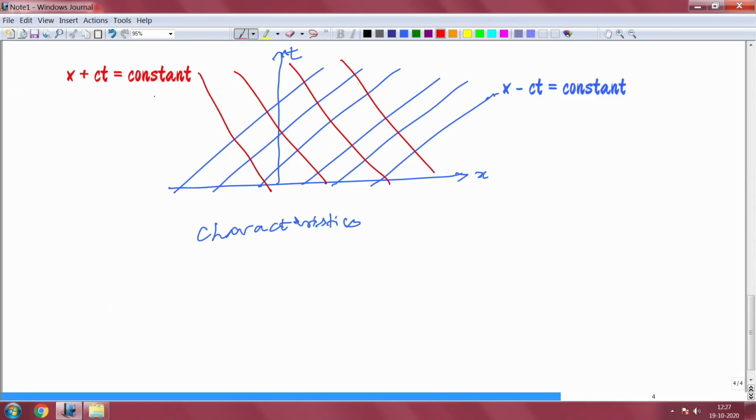The blue ones have slope, remember we are drawing the x axis horizontal and t vertical, so the slope is 1 by c, and the red one's slope is minus 1 by c.